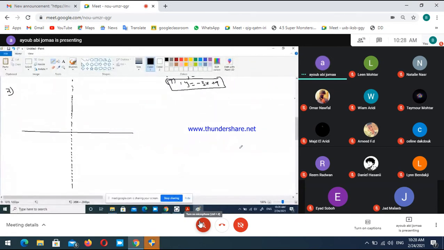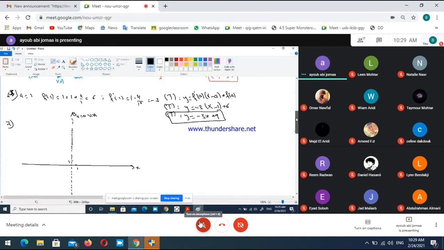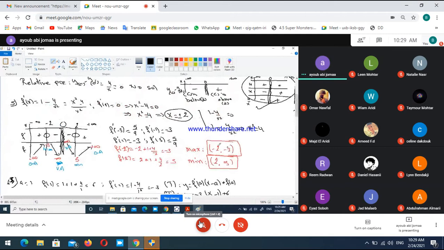Here is the x-axis, here is the y-axis. Here x equals 0 is a vertical asymptote. Here 1 and here 1. Now, the particular points, or let's continue on the asymptotes.